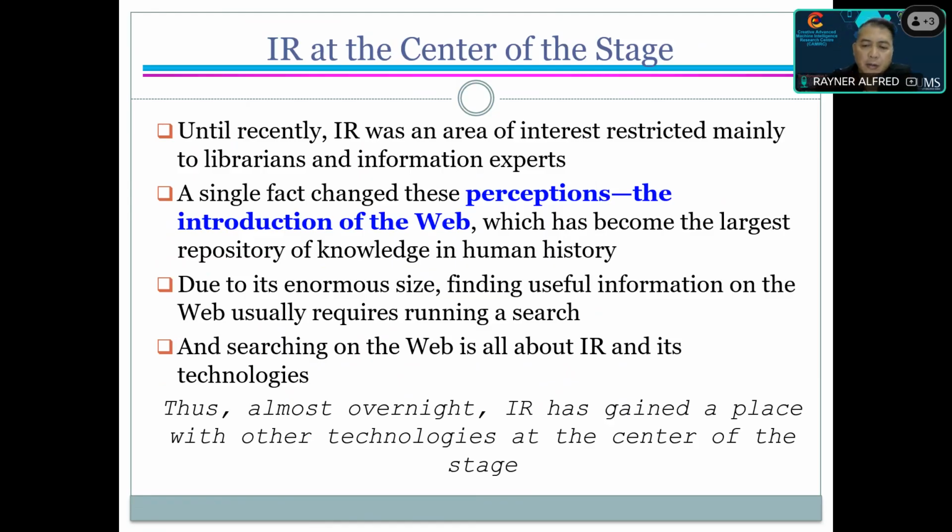So because of the web, we have so much unstructured information. So how do we organize these unstructured documents? Unstructured documents refer to text, video, images, and so on. When we compare to structured data, structured data are all data stored in a database, so you can easily manipulate them using SQL statements, and they are very structured.